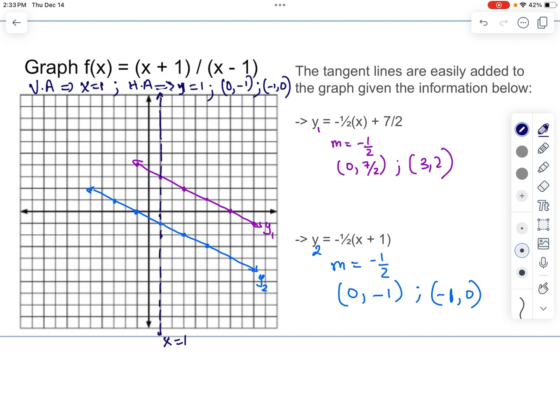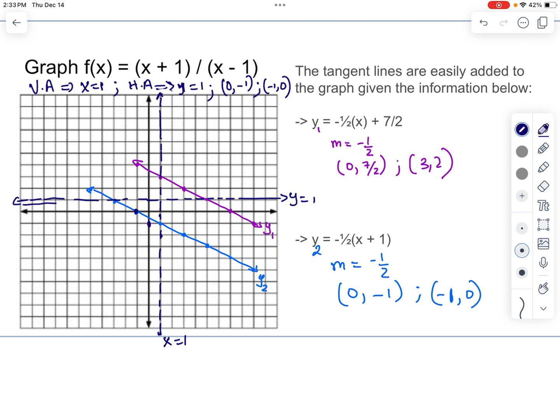This is x equal to 1, and the horizontal asymptote, this is y equal to 1. Let's get the y and x-intercepts. So we have (0, negative 1). And then we have (negative 1, 0).